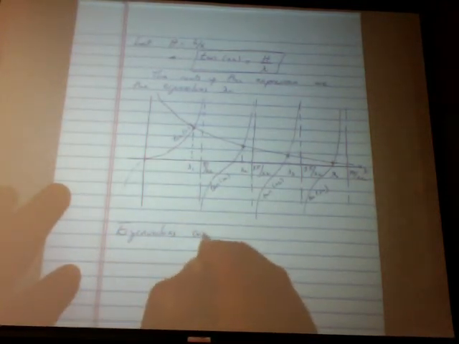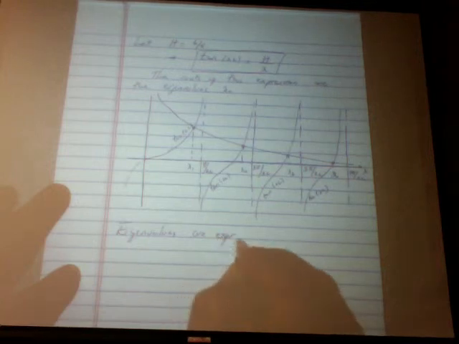So eigenvalues are simply expressed implicitly as the roots of the function tangent of lambda n L is equal to h over lambda n.